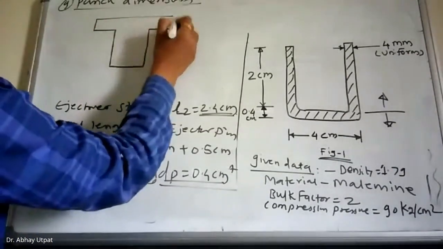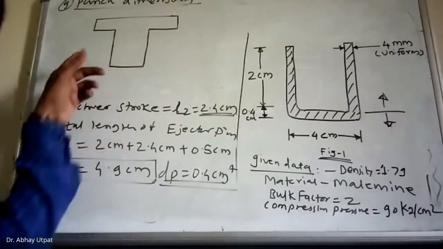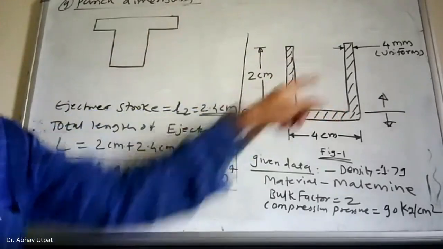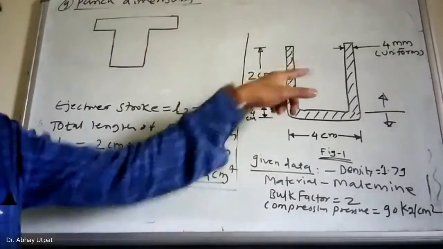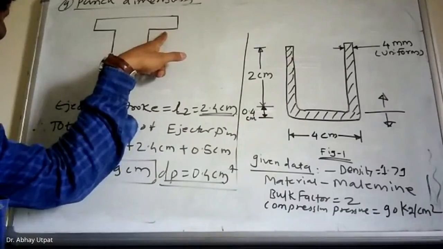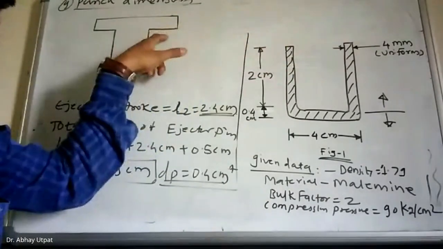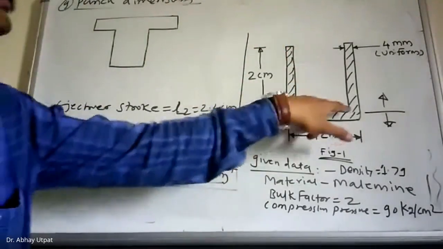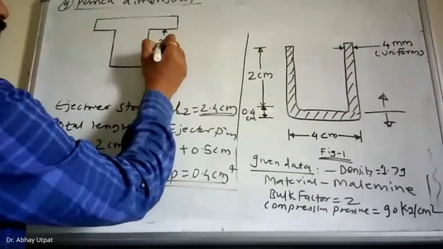This punch is required so that your component will be in this way. If you want to get the component, this will fit here face to face, and then this will be 2 centimeters, because the gap is provided, in this gap material will flow.